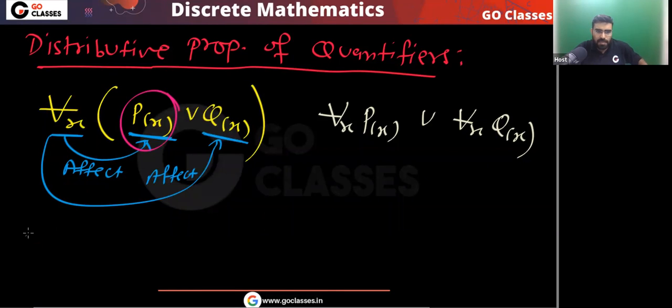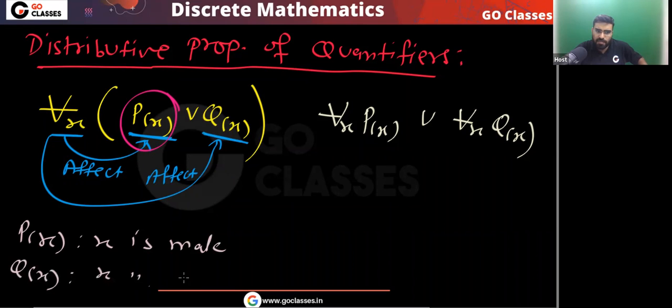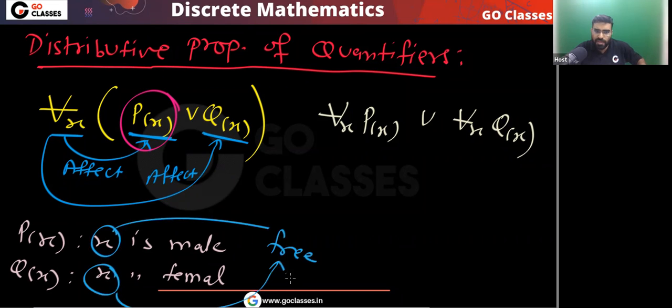For example, let's assume P(x) is "x is male" and Q(x) is "x is female". Can you notice this x is the free variable here, and this x is also a free variable here?